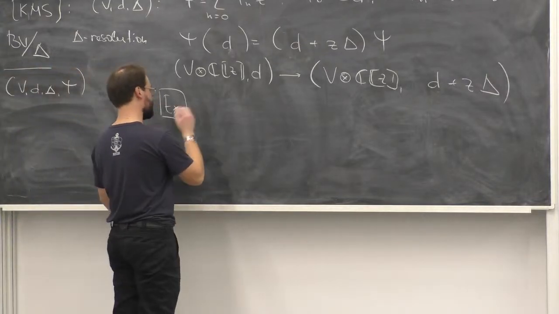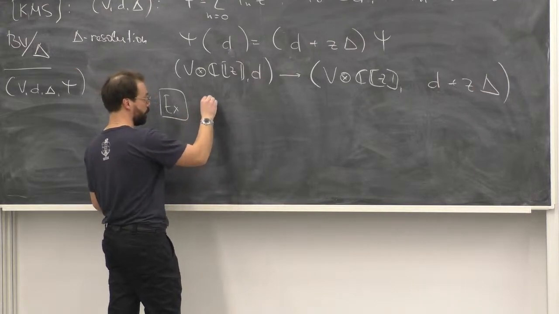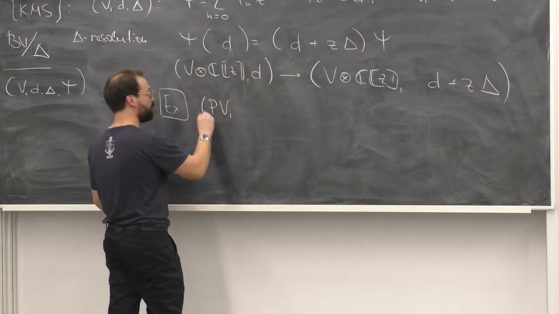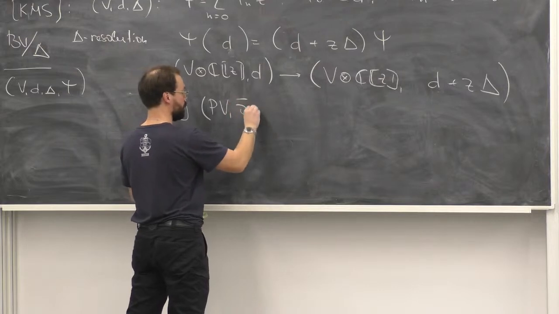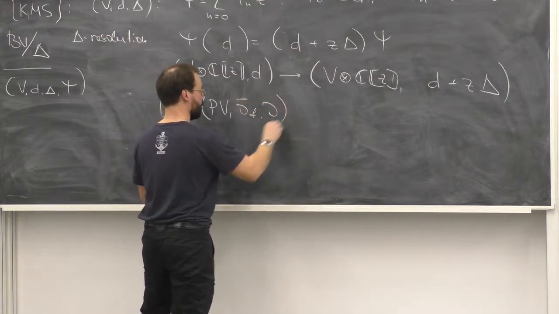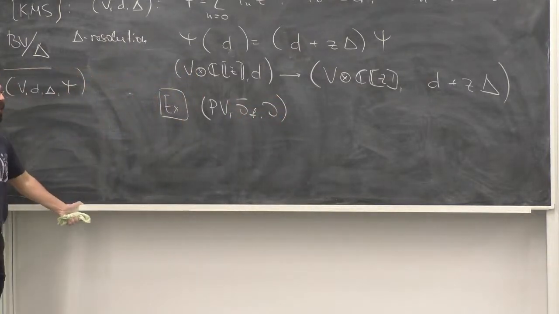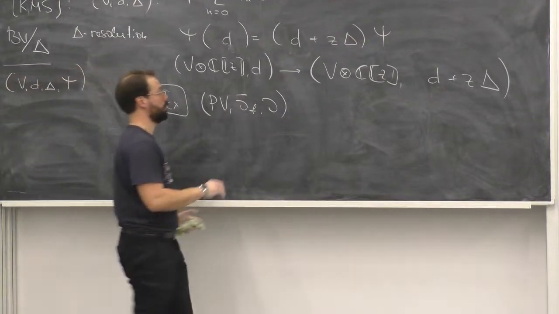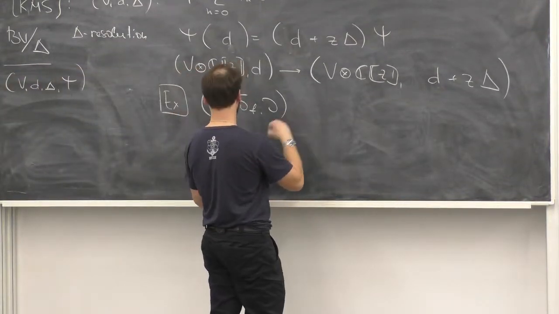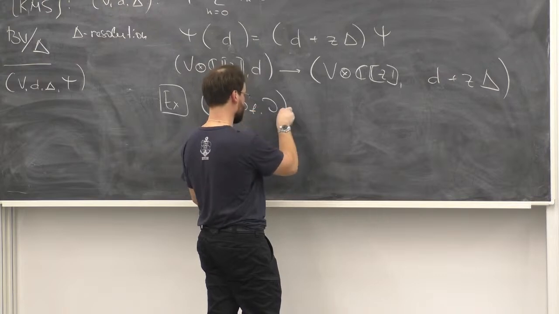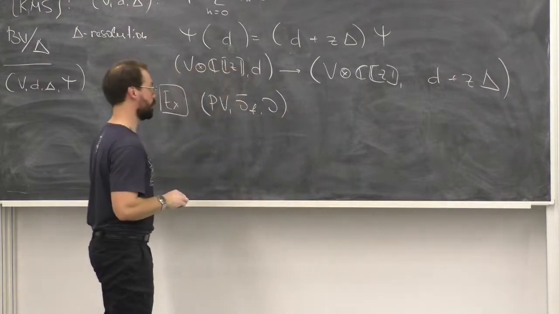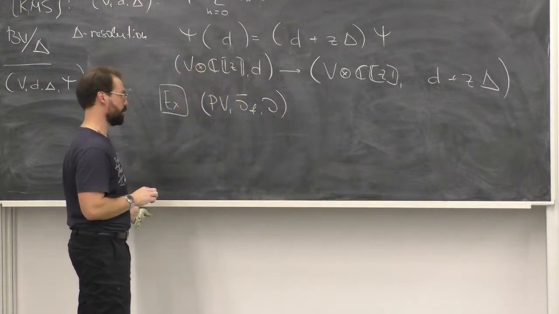The simple example will be of our DG, of our PV algebra, of such a BV algebra.